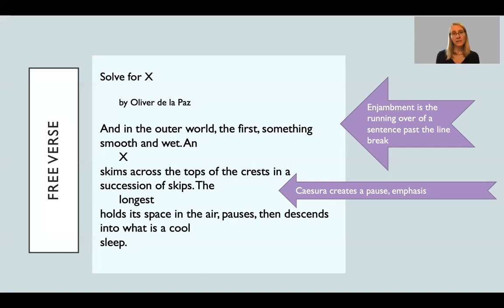You'll also sometimes see it in the middle of a line. De La Paz could have chosen to say "succession of skips" and put in one or two tabs, the, right, and then move. So you'll see caesura work in a lot of different ways, and those are there essentially to provide a little bit more space.